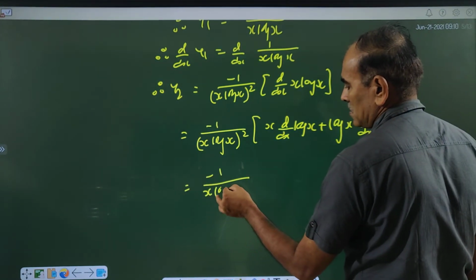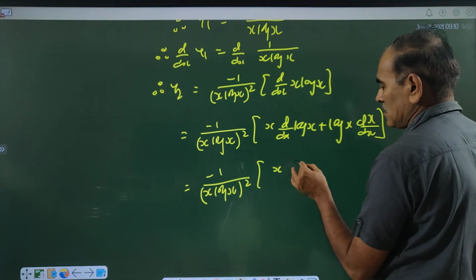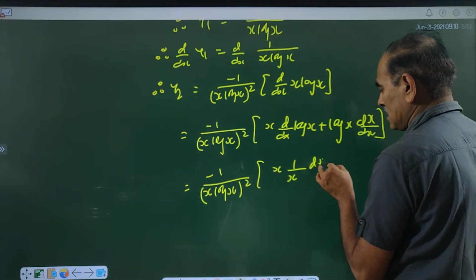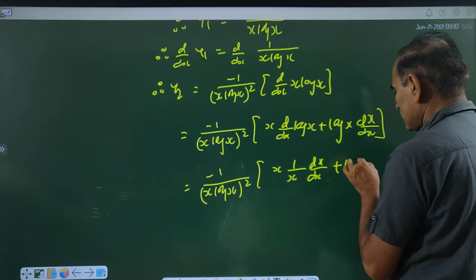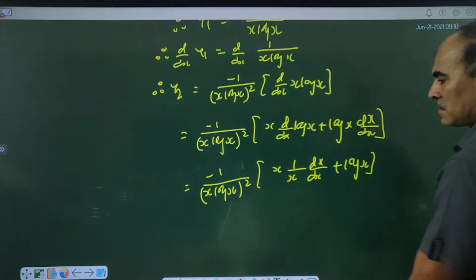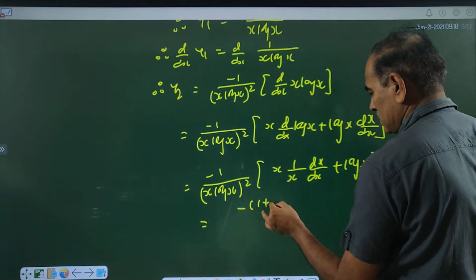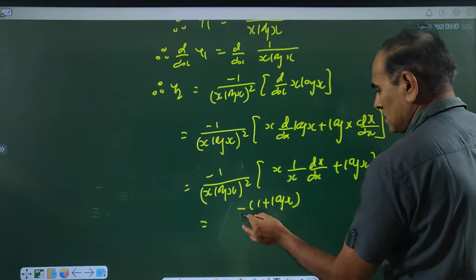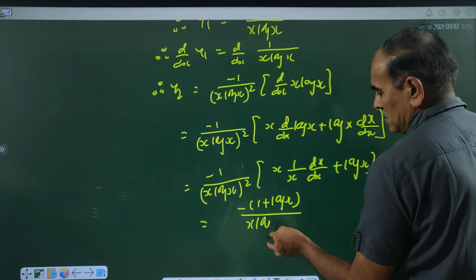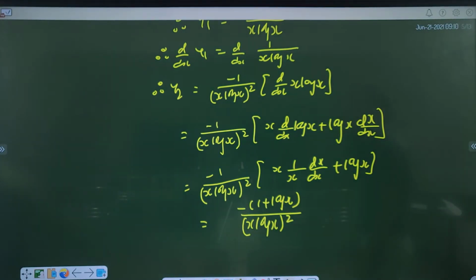Minus 1 upon x log x whole square; the derivative of log x is 1 by x, and d by dx of x is 1. So minus of 1 plus log x over x log x whole square. This is the second derivative.